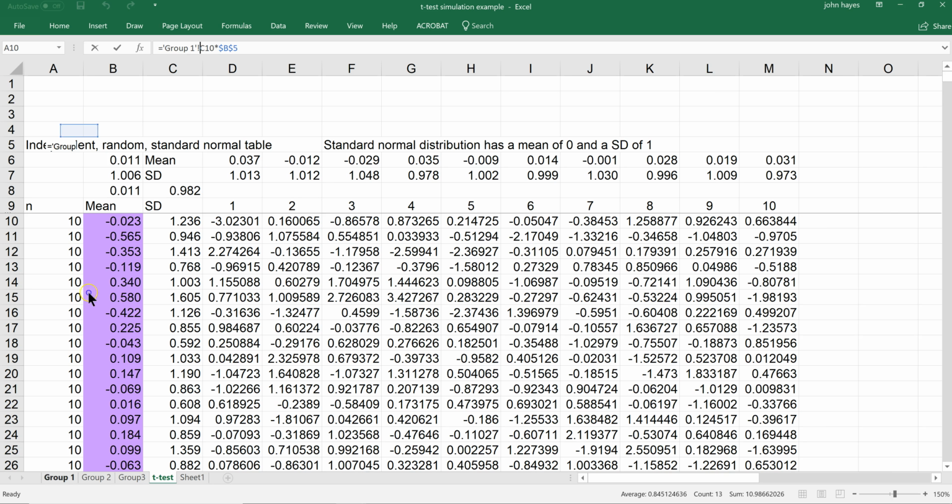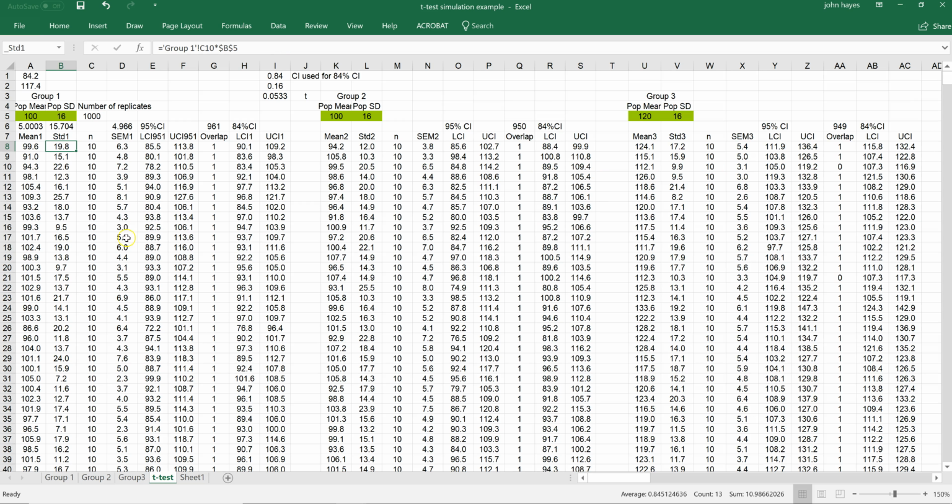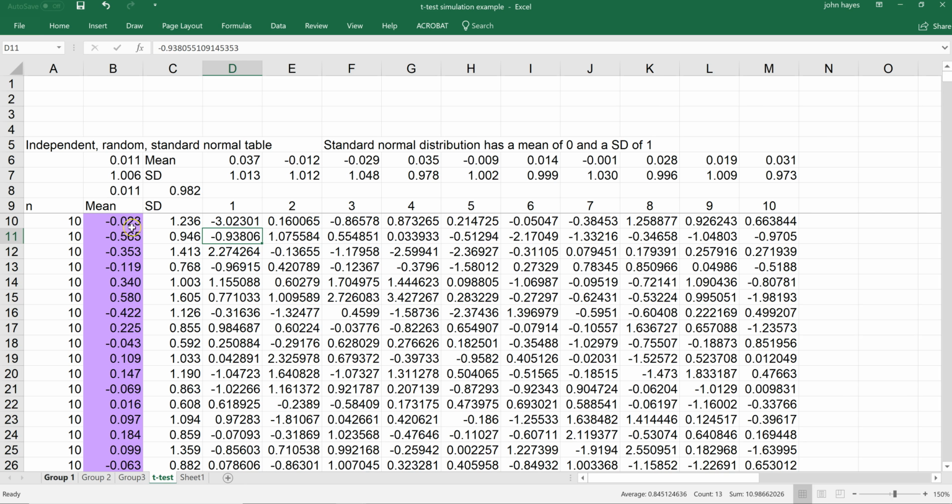We randomly create these 10 numbers from a random distribution, each with a mean of 0 and standard deviation of 1. We get all these samples and we come up with a mean of minus 0.023 instead of the underlying mean of 0, but it's a sample. And instead of exactly a standard deviation of 1, our estimate of the standard deviation is 1.236.